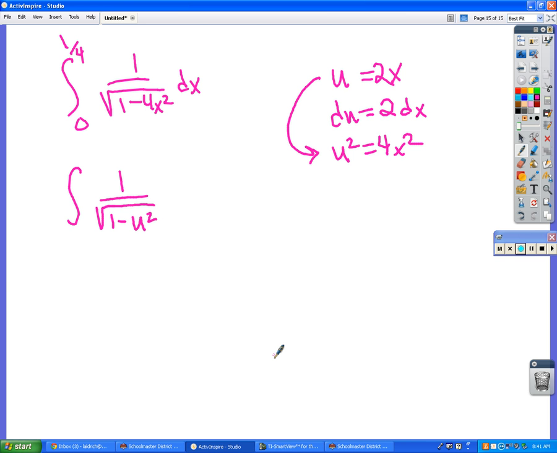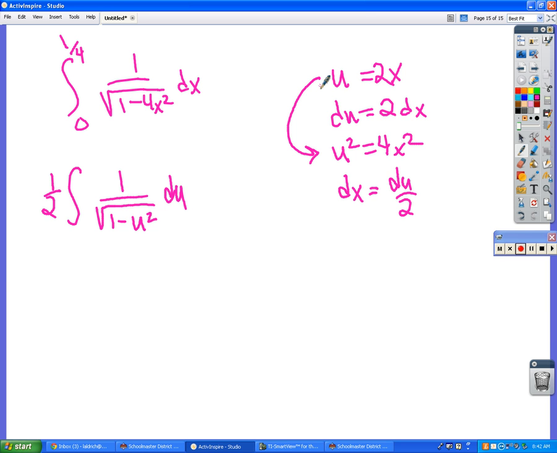I kind of use this to get to that, which is what I really wanted. And then I need to change this dx into a du. So you've done this a million times before. That means dx is going to be du over 2. Then I'm going to change my limits of integration so I don't have to substitute back in.